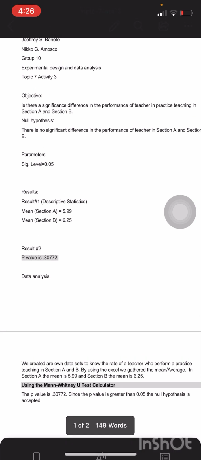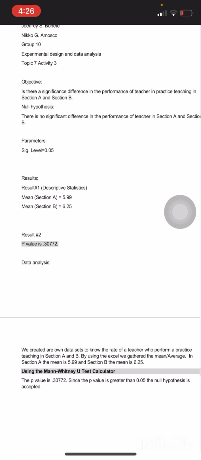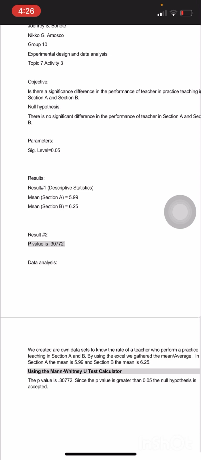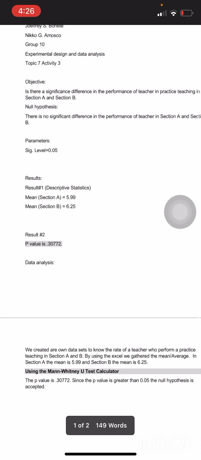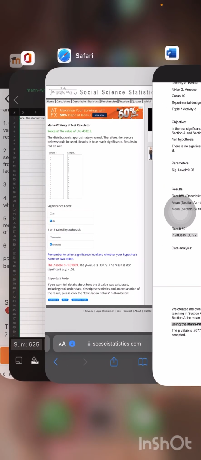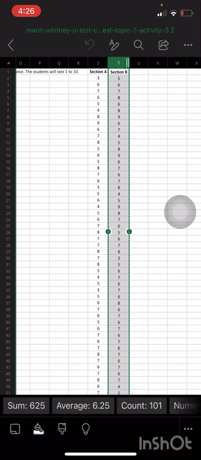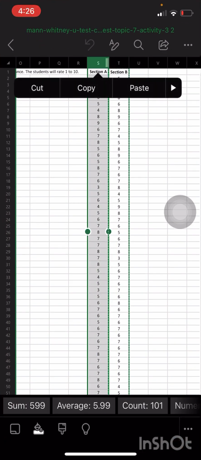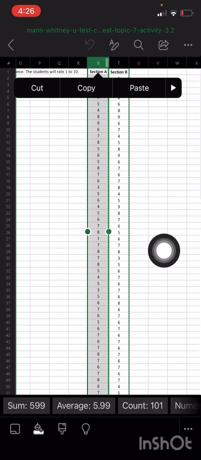So, in results, we get the results by the average of these two data here.